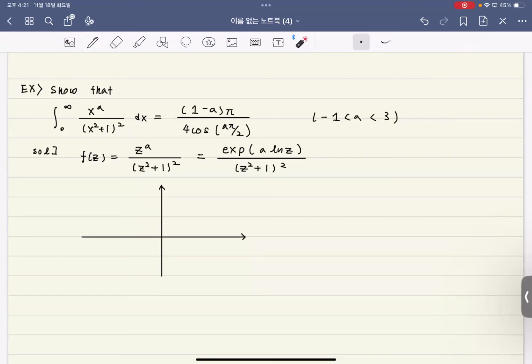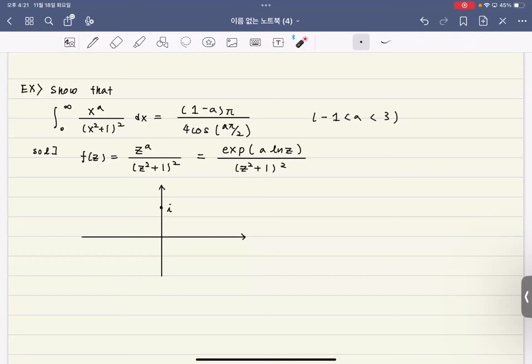For now, let me just ignore the numerator. For the denominator, I can see a zero of order 2 when z equals i.